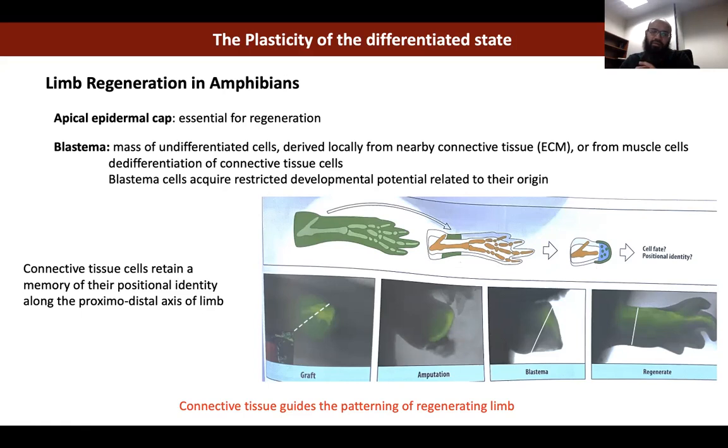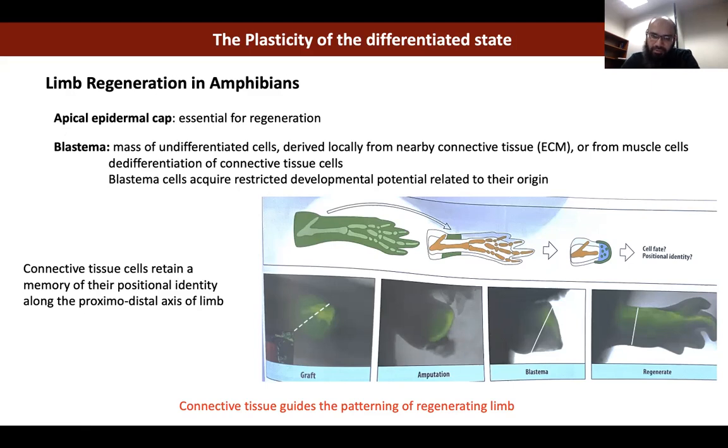If you make a wound and cut out part of the limb of this salamander, the first thing that happens is that the wound is immediately covered by an epidermal cap. Under this cap, a blastema forms. This blastema is a mass of undifferentiated cells, derived locally from the nearby connective tissue.